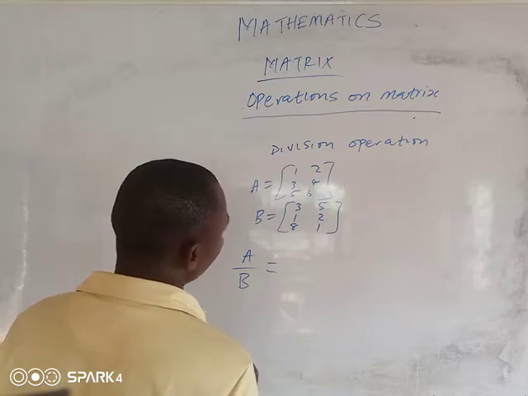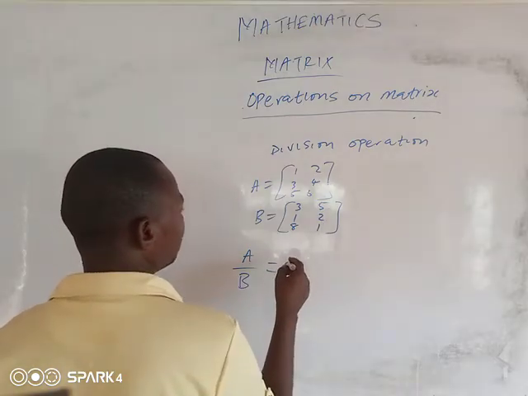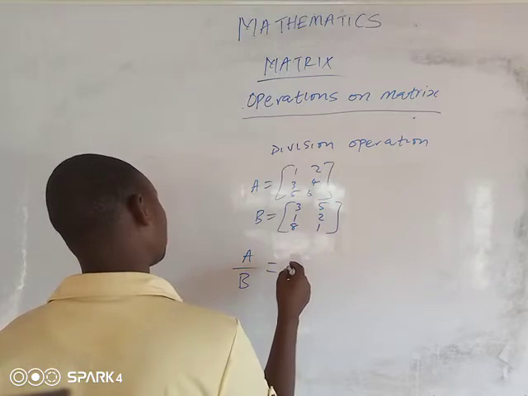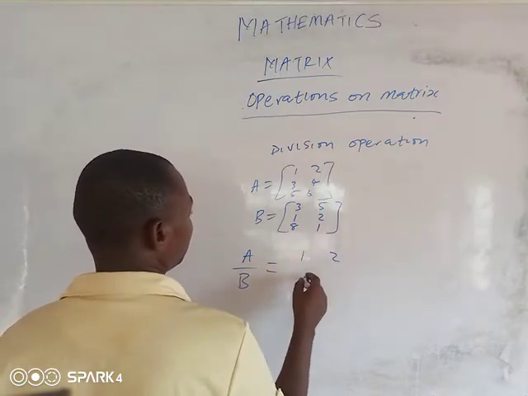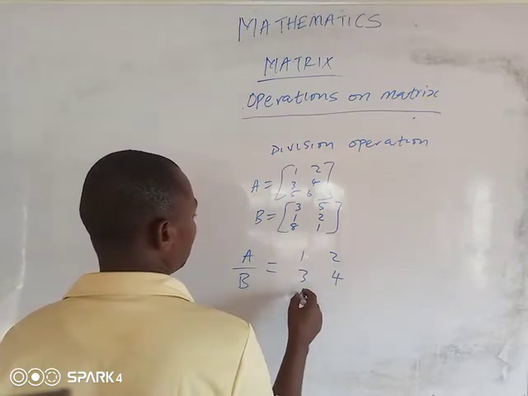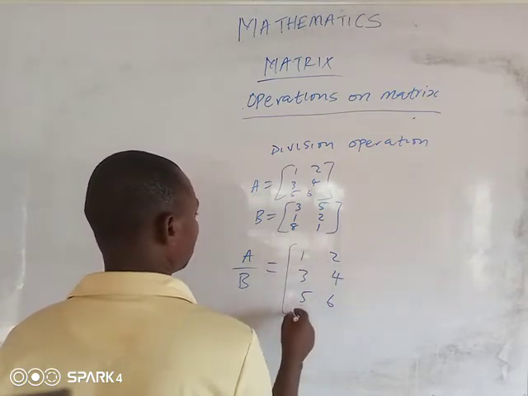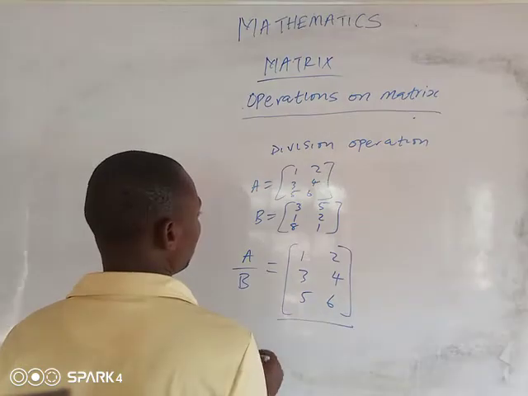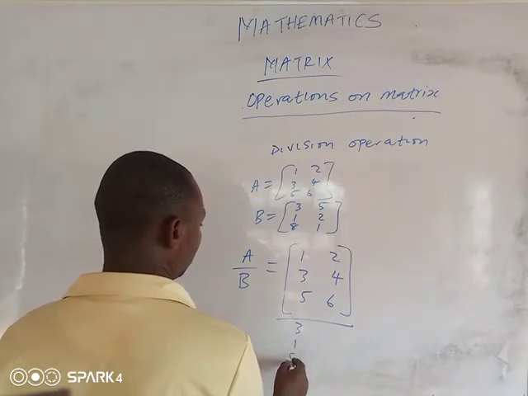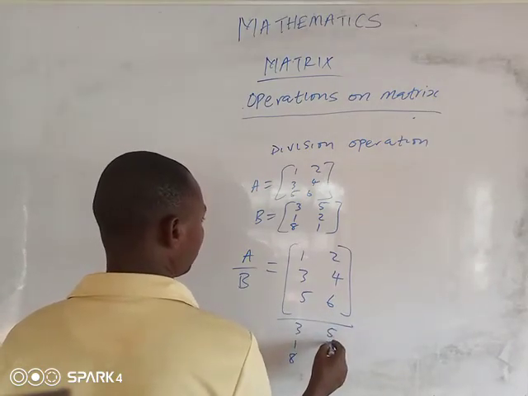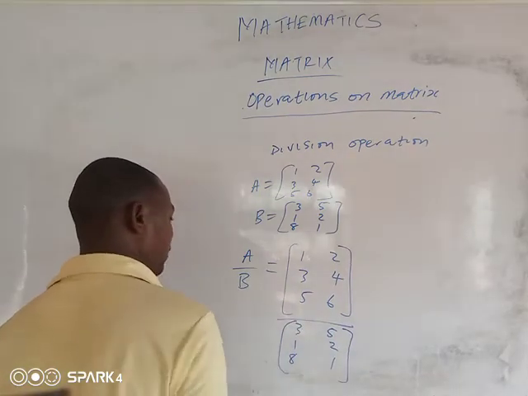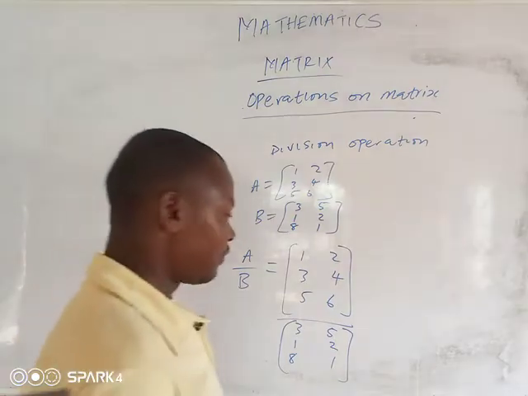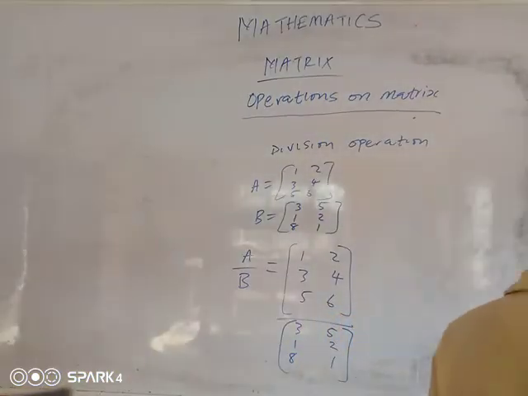So that means we have 1, 2, 3, 4, 5, 6 over 3, 1, 8, 5, 2, 1. So we have divided. How do we handle that?